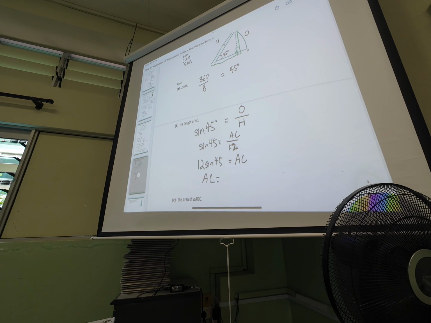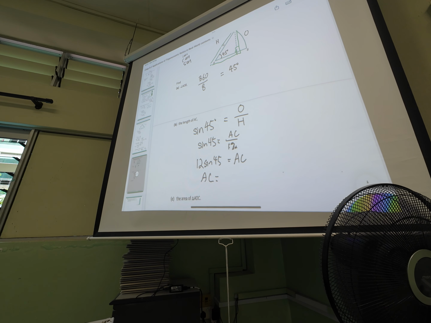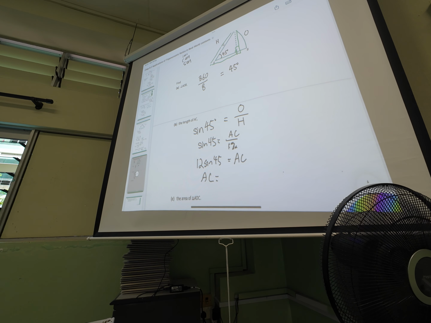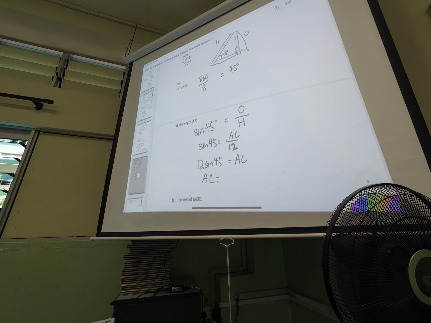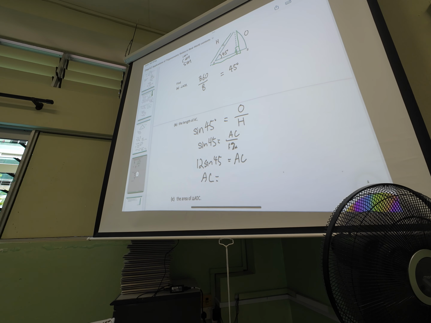Okay? Those that haven't done it yet, take out your calculator, go and press these symbols. Or else during the exam, you still have to waste time finding where is my sine, where is my 4, where is my 5. Get used to your calculator. Your close bracket, all these also must know.